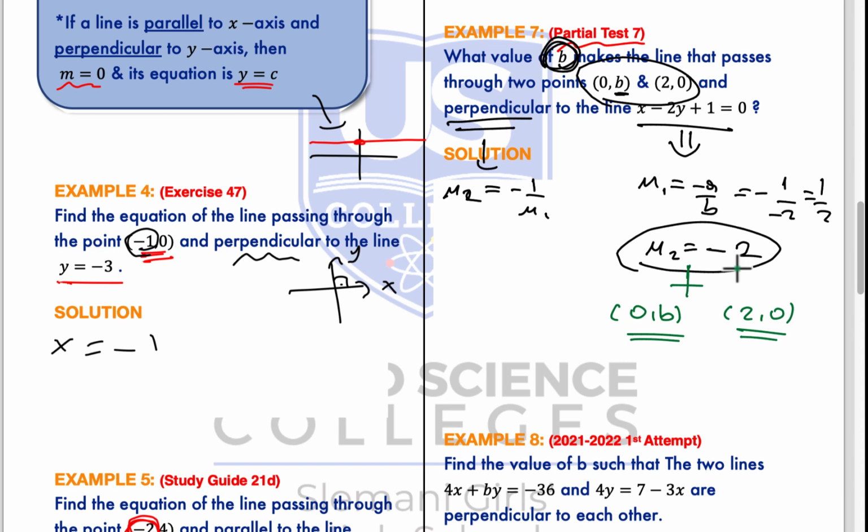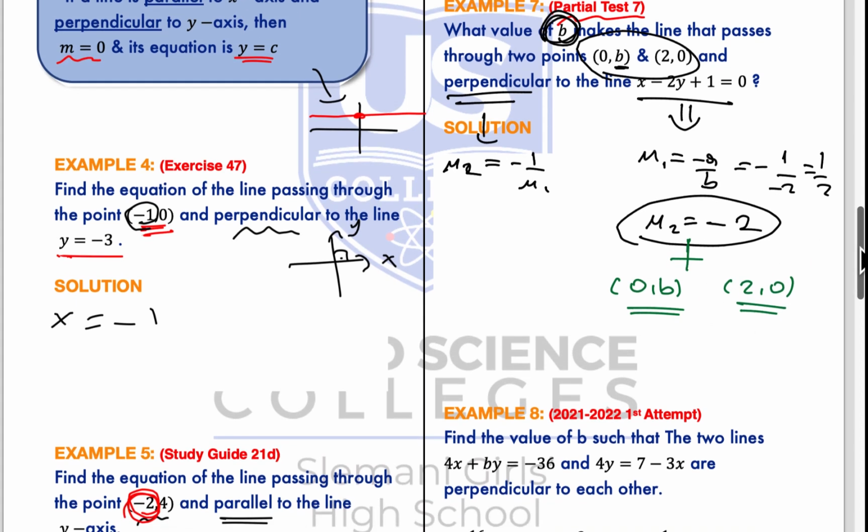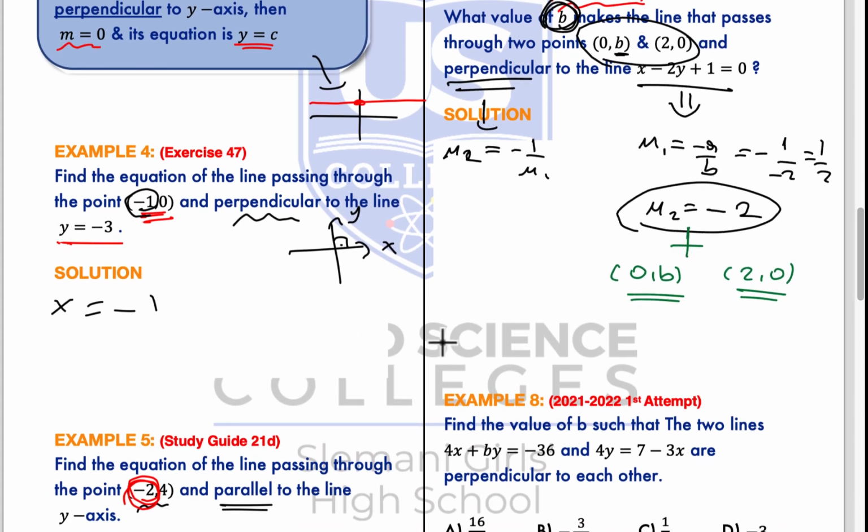So from the previous topic, remember, if there are 2 points and a slope, what can you do with these 2? How can you relate them? Okay, I know that my slope, if 2 points are given, is (y2 minus y1) over (x2 minus x1).